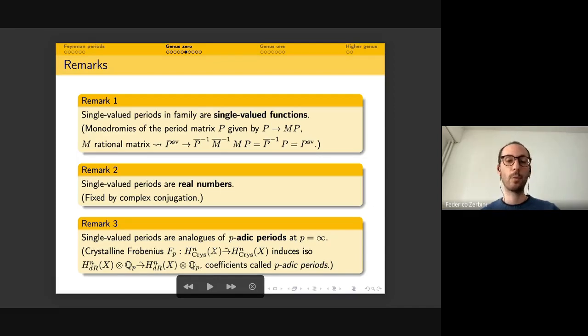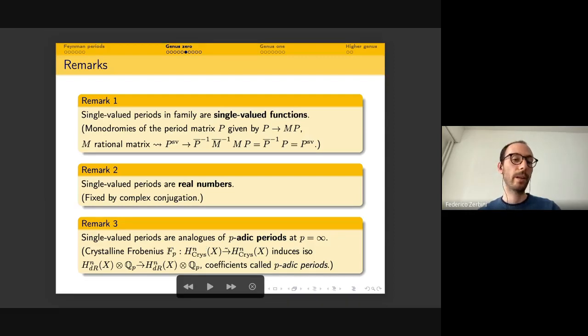And in the same exact way you did before, you're replacing the crystalline cohomology with the Betti homology. You induce an isomorphism again over the de Rham cohomology, but this time tensored with Q_p. And the coefficients of this isomorphism are what are called the p-adic periods.